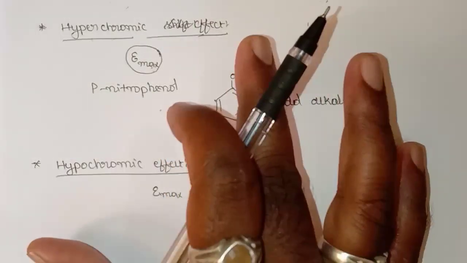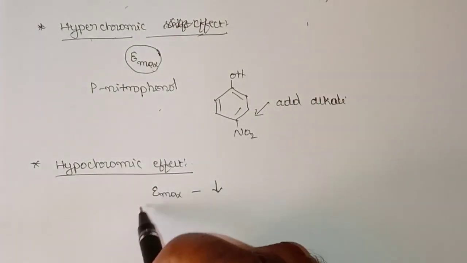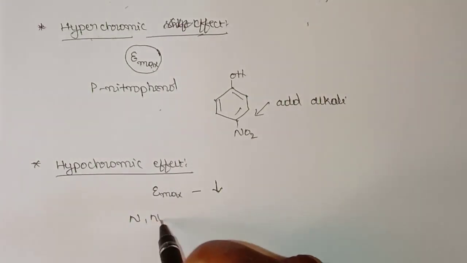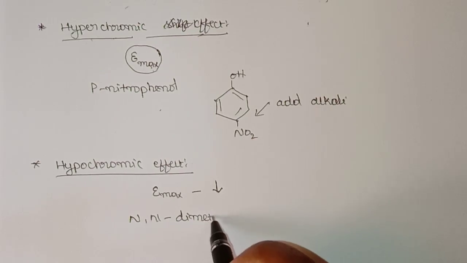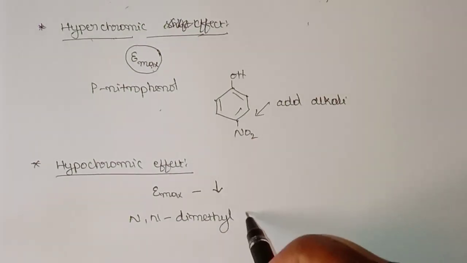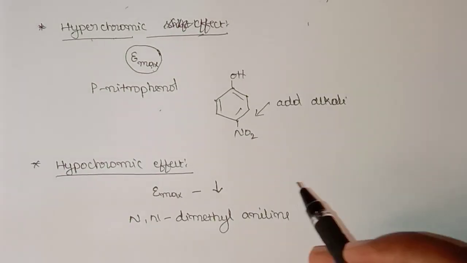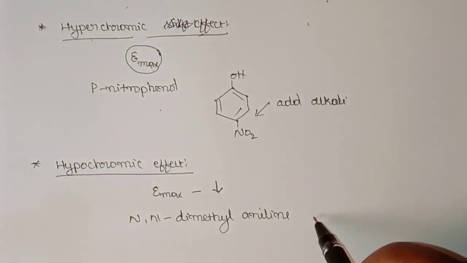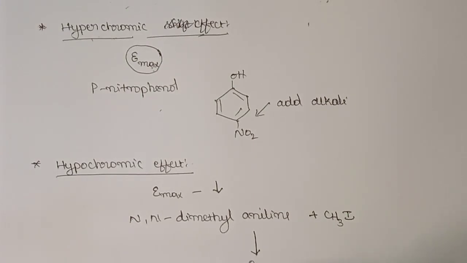You can observe this hypochromic effect with N,N-dimethylaniline. When N,N-dimethylaniline is treated with an alkyl halide, that is methyl iodide, it results in the formation of a quaternary ammonium salt.